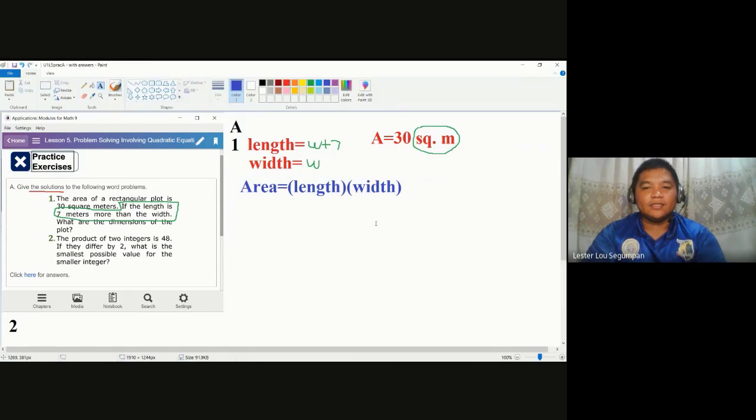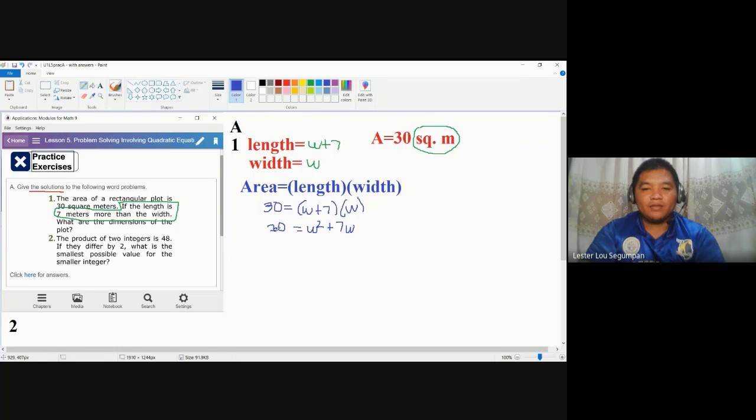So to get a representative quadratic equation or number sentence, just simply substitute all the values here. The area is given to us as 30. Again, dropping first the unit, it is equal to the length, which is W plus 7, times the width, which is W. So when we multiply these two expressions, you will have 30 is equal to W squared plus 7W.